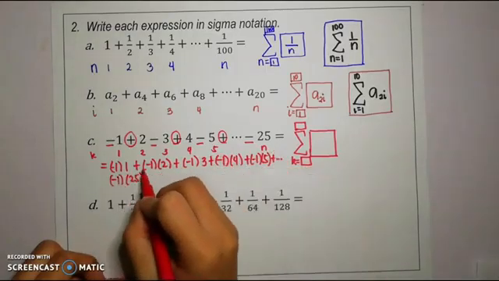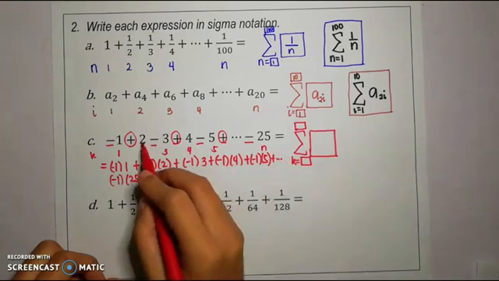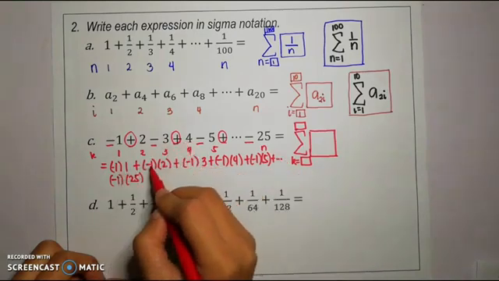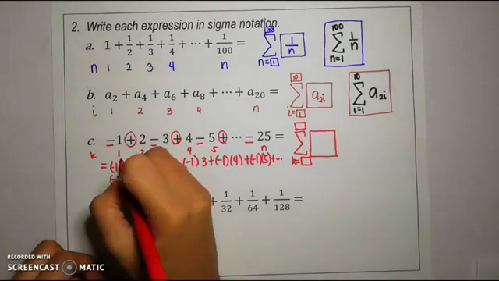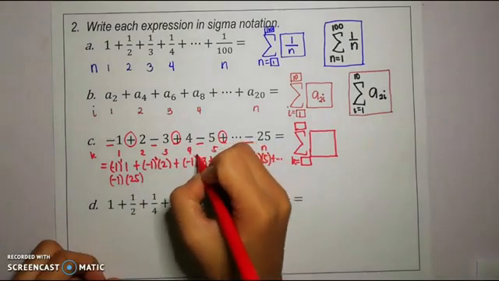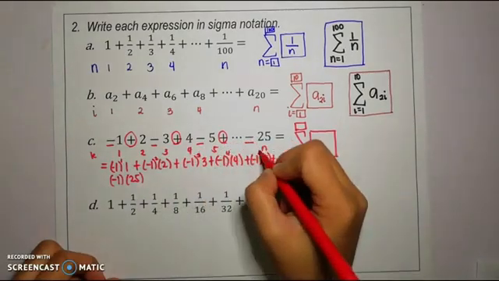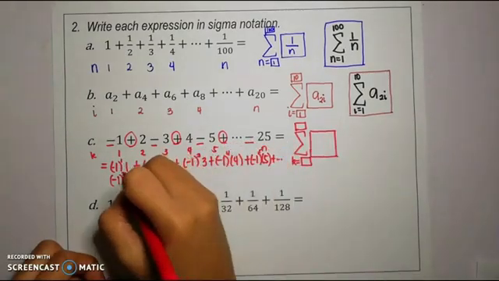However, when will we get the positive sign? During even terms, or even numbers. So we simply raise it by the number of terms also, until 25.